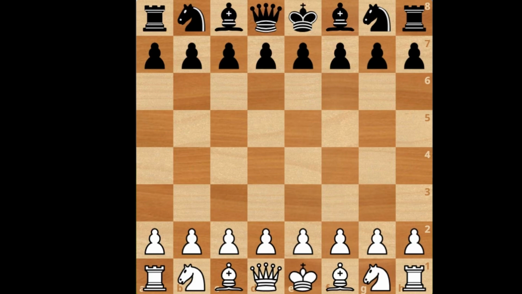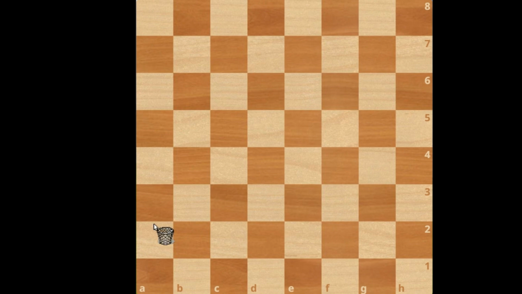Now, I'll also show you the movement of a bishop. A bishop moves in an X shape. X, as you can see. And let's draw it.